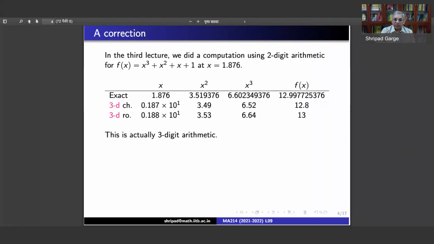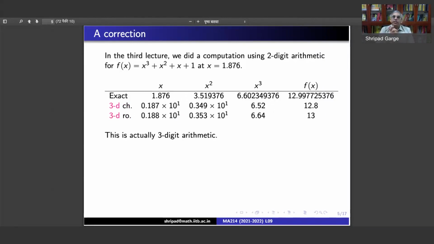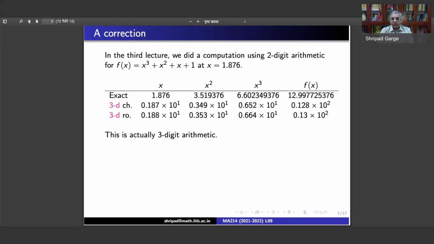The next two numbers, which are x square with the chopping and rounding methods, which were 3.49 and 3.53, will become 0.349 into 10 and 0.353 into 10. And finally, we will have 0.652, 0.664, and the final answer will be 0.128 into 10 square and 0.13 into 10 square.